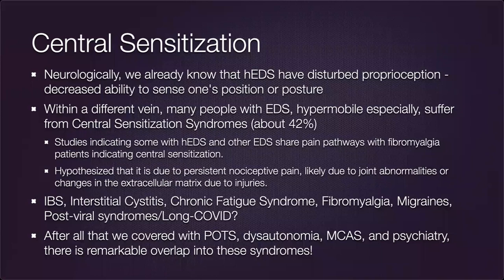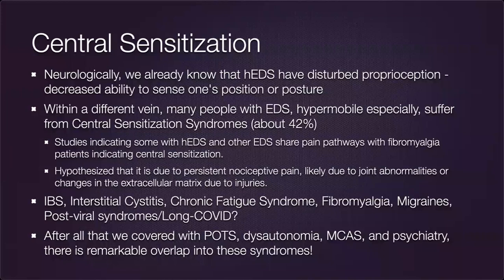So it is hypothesized, and there are some beginnings of studies testing hypermobile people for hyperalgesia, where things that would not feel painful to other people will feel painful to someone who has hyperalgesia, and that with this there's an increase of perception of pain within the brain.